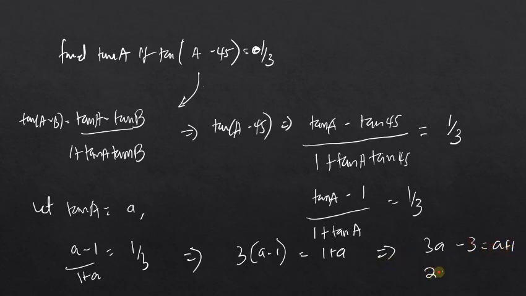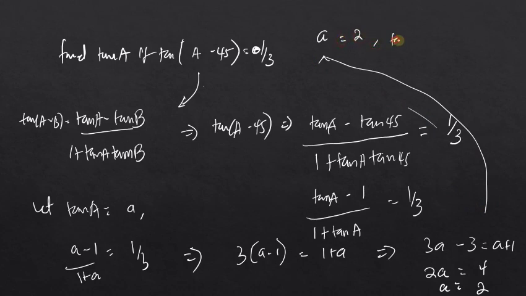So 2a will be equal to 4, and you get your a to be equal to 2, right? But we know that a is equal to tan A, which is equal to 2. So your tan A will now be equal to 2. So that's your final answer.